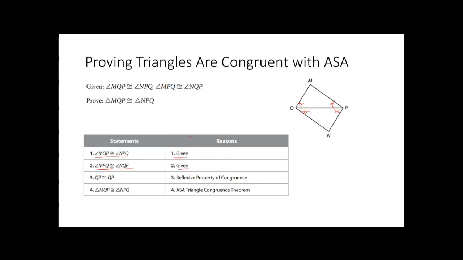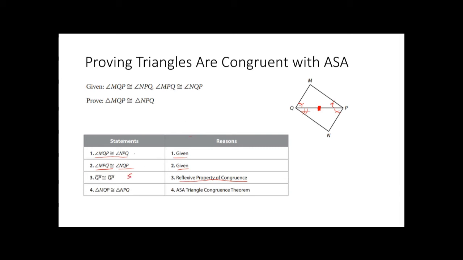Okay, and they gave that to us. And then next thing you know, we notice that both these triangles share PQ or QP, right? So that's a side, okay? And that's because of the reflexive property of congruence. They're both sharing that same line, therefore it reflexes across to both of them. So that's a side. Very good.